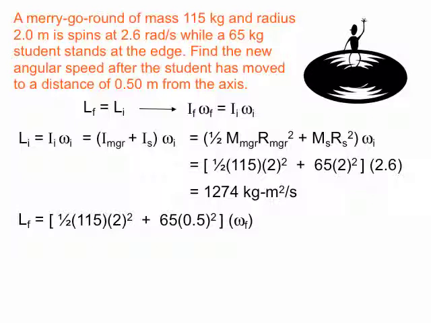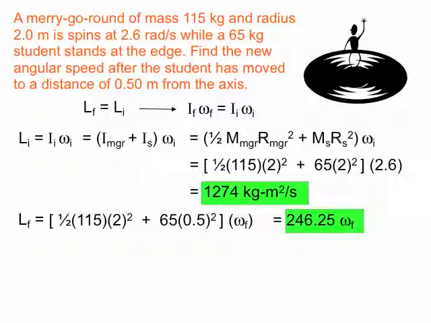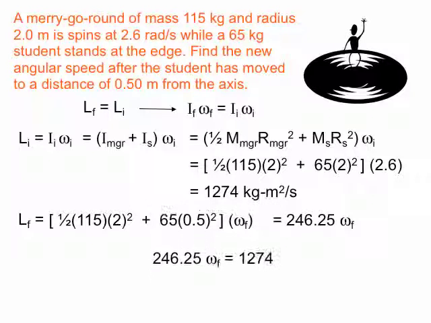That's his radius. So we figure that in. We get a moment of inertia of 246.25, which we can then use to find the final velocity. Remember, they equal each other. It's conservation of angular momentum. And that final velocity will be 5.2 radians per second. Velocity increases.